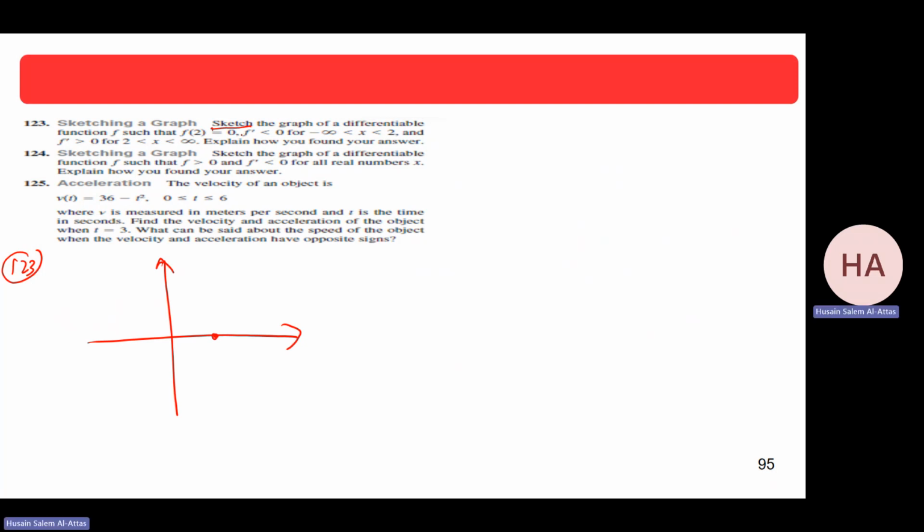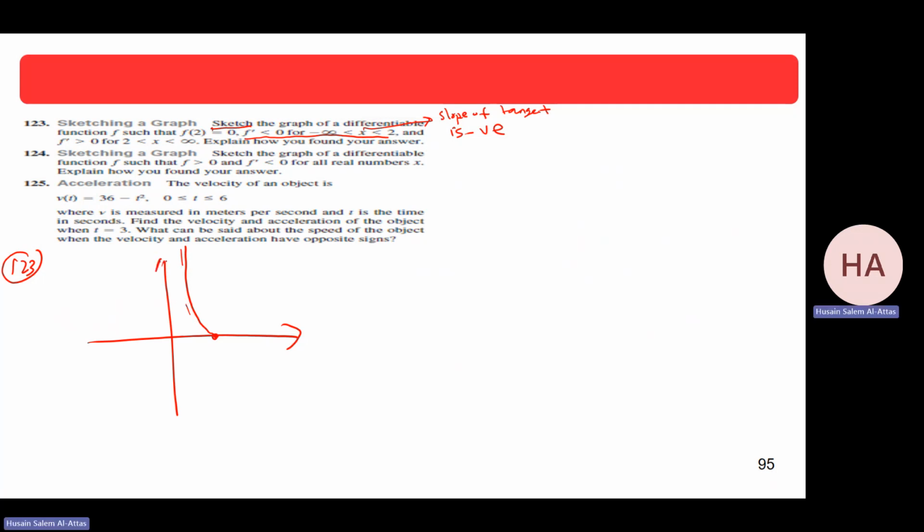And f prime is negative for this period. What's the meaning of this? It means the slope of the tangent is negative. So the function will do something like this, where the slope is always negative.